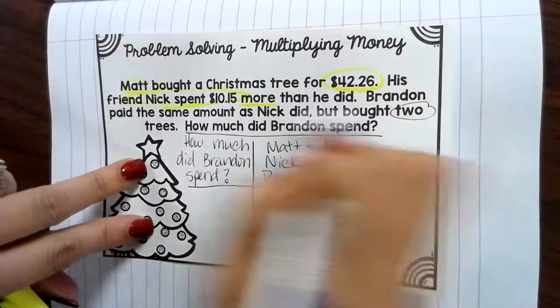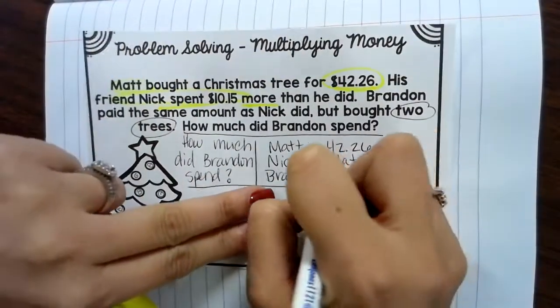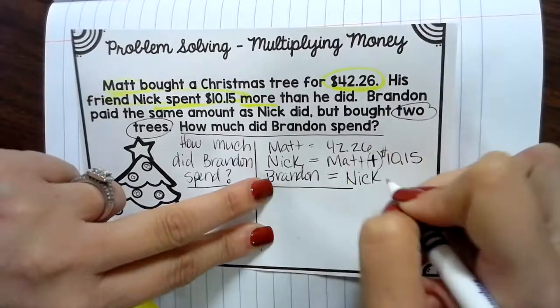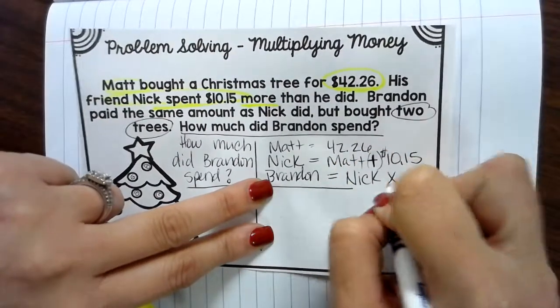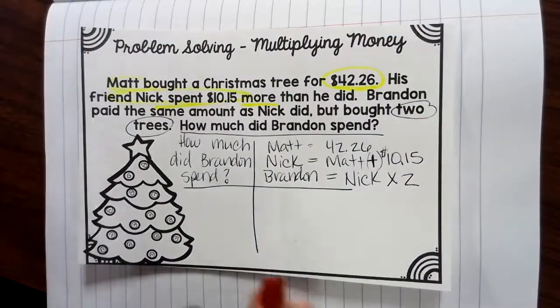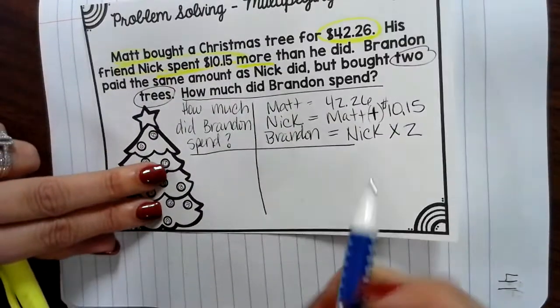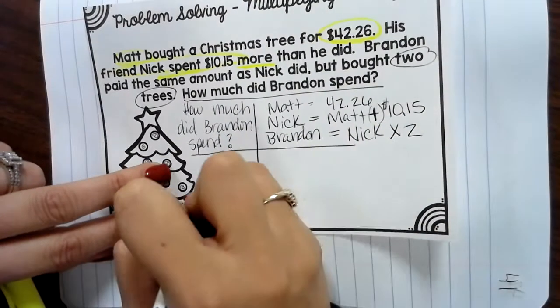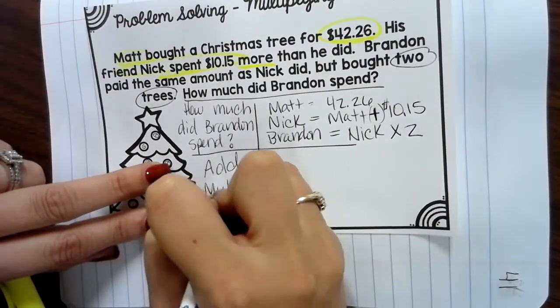So 2 trees is important there. So to find Brandon's, it is what Nick spent, but he bought 2 of them. So I'm going to multiply that by 2. All right, so to solve this, it looks like I'm going to add to find Nick's, and I'm going to multiply to find Brandon's.